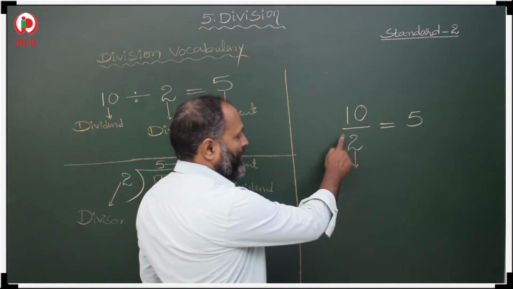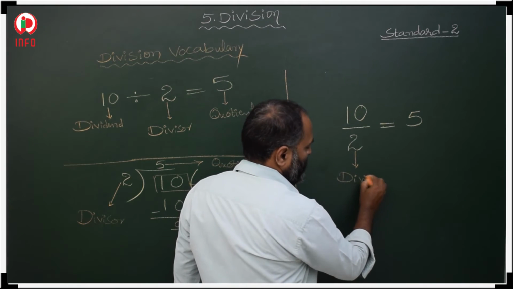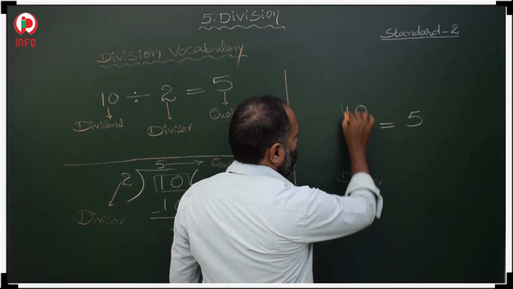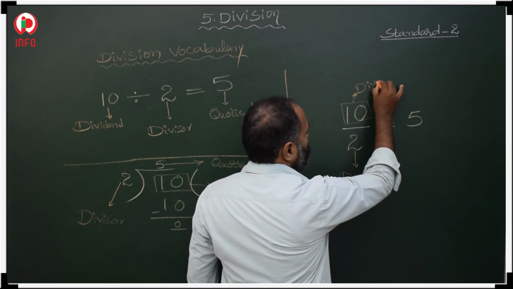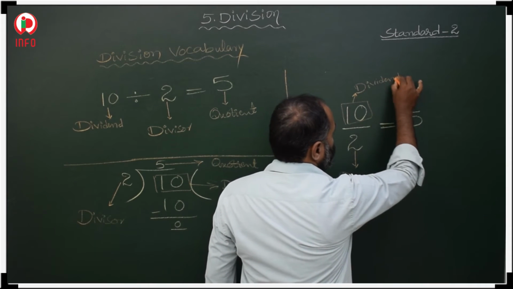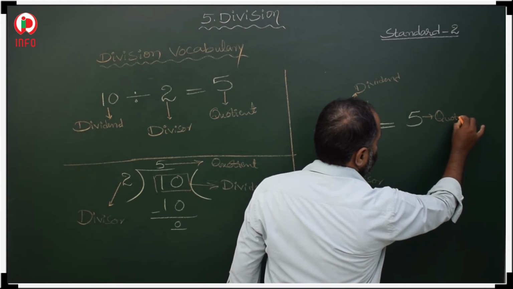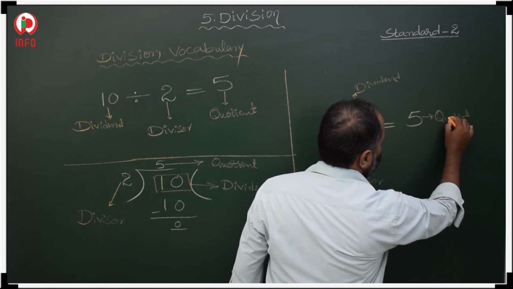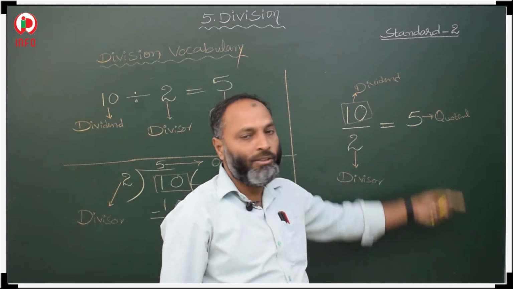This one is called divisor. The top one is called dividend. This is called quotient. Divisor, dividend and quotient.